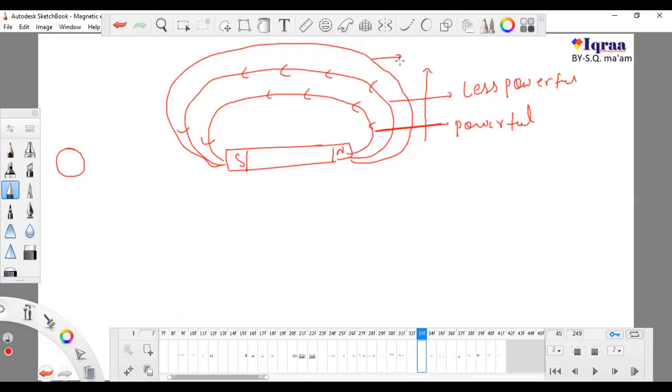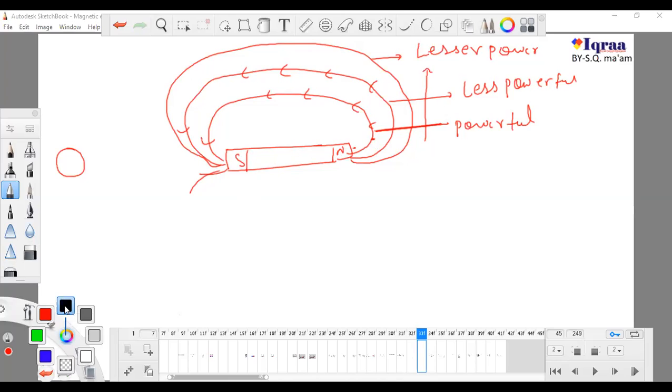So suppose this is the final magnetic field line, but it is much less powerful compared to this. And this pole region will show a much greater amount of magnetic effect, because each and every magnetic field line originates from these two poles, and they have much intensity.